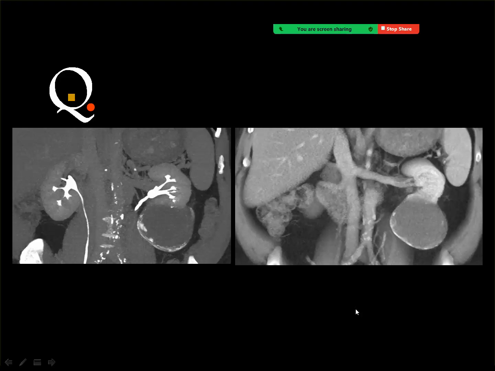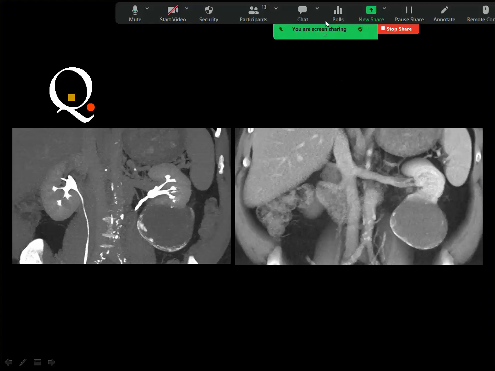The next case is a coronal CT urography and another coronal CT reformatted image of the renal area showing a large lower pole left renal lesion.